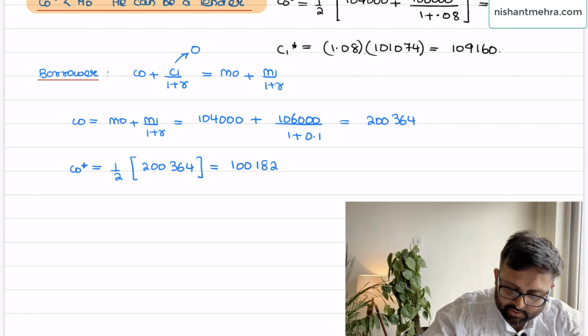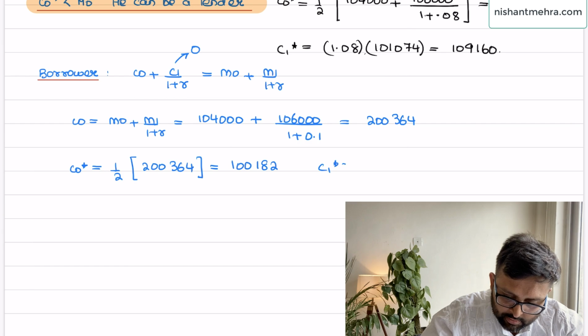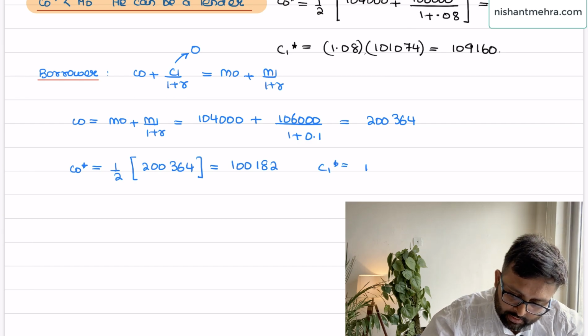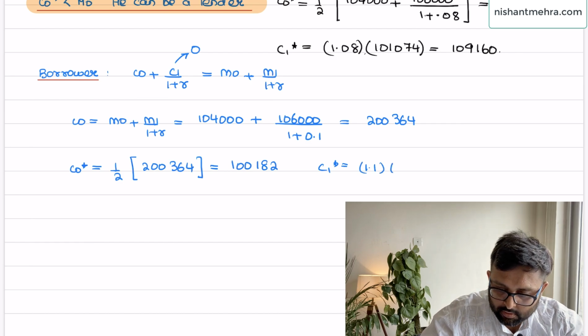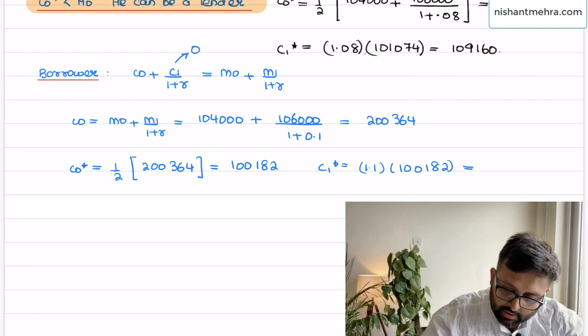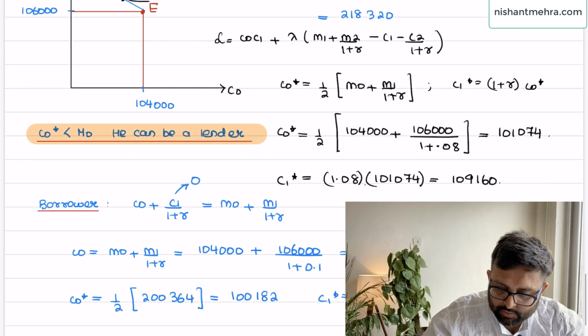I'll just draw the budget constraint. Just wait for a while, beta. C1 star is going to be 1 plus R, that is 1.1 now. So that is going to be something like this.